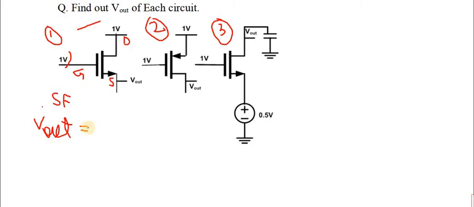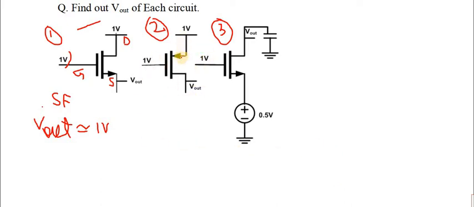So V out will approximately be 1 volt. Okay, an intuitive answer, not the exact answer. No one asks for the exact answer, everyone asks for the intuitive answer. Now move to the next circuit.